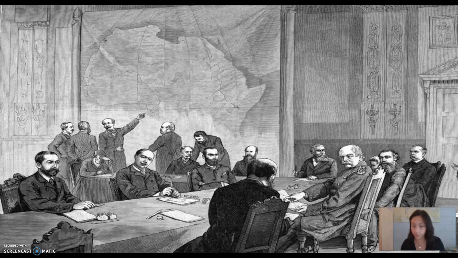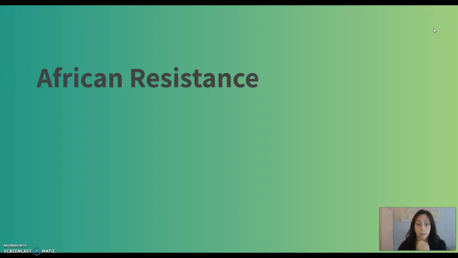You take the land, the geography, the people. Are we putting two groups that don't get along or don't have the same beliefs in the same country? They paid no attention to that, and it created a lot of conflict within Africa and set them up for a lot of tragic impacts that are present to this day.